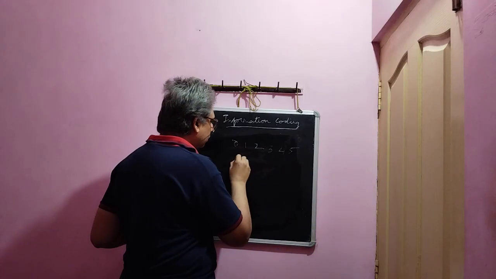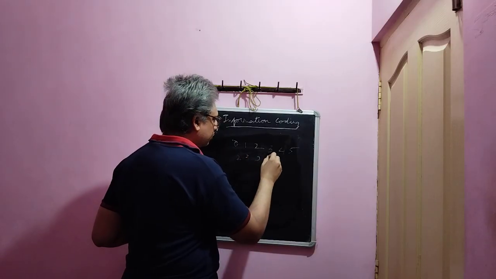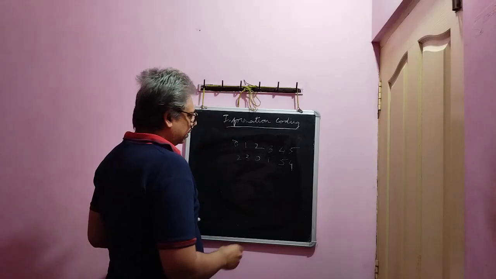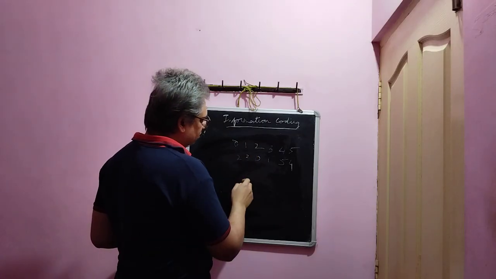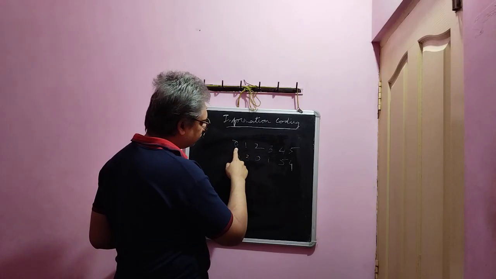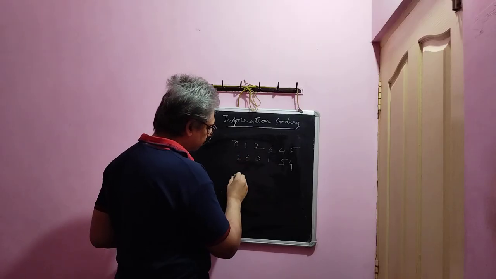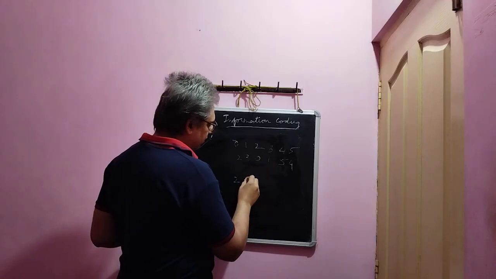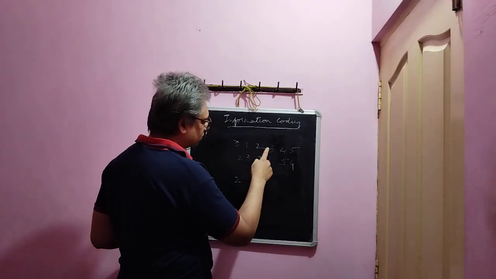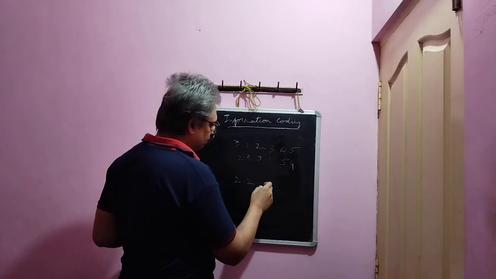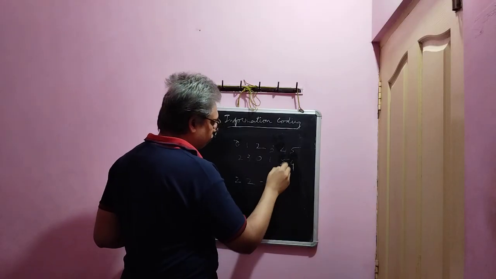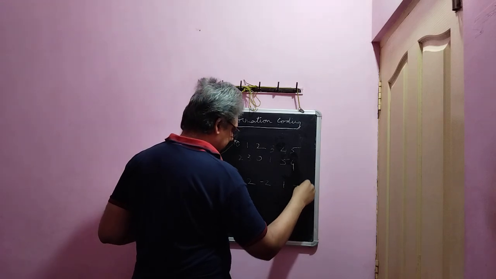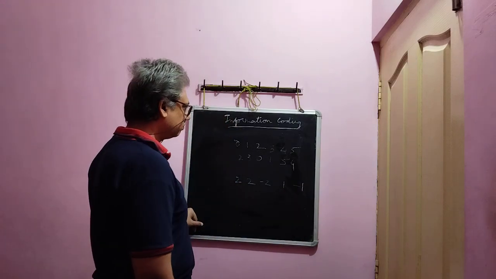If it goes to 2, 3, 0, 1, 5, 4, the distance between this and this will be 2. This and this, the distance is again 2. 3's distance is minus 2. 4's distance is plus 1. 5's distance is minus 1.